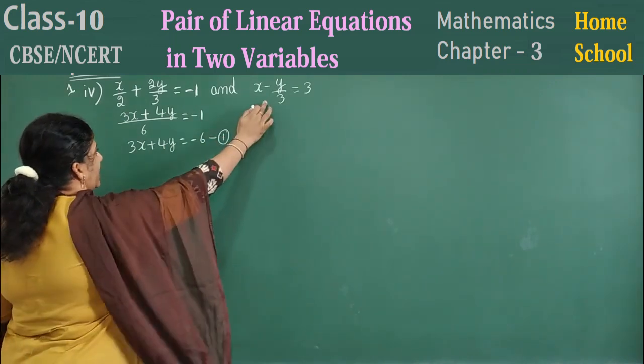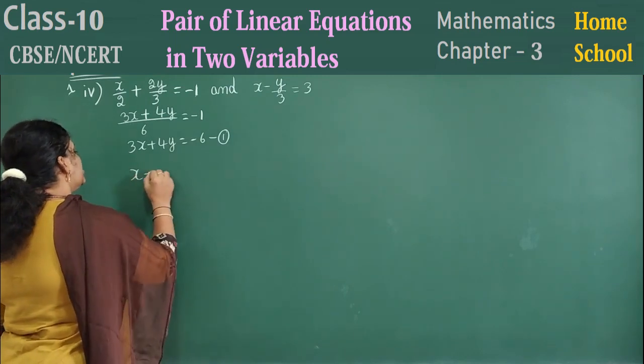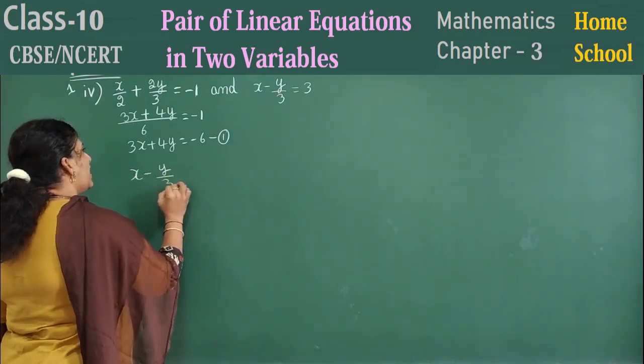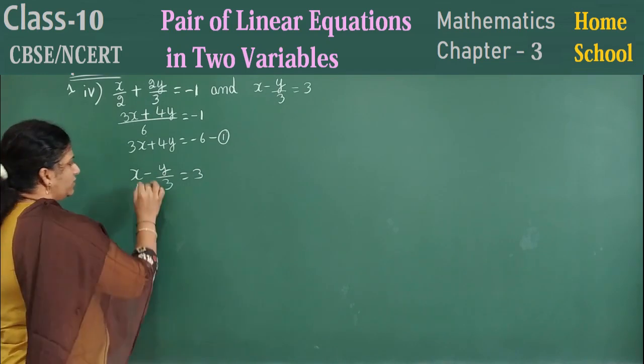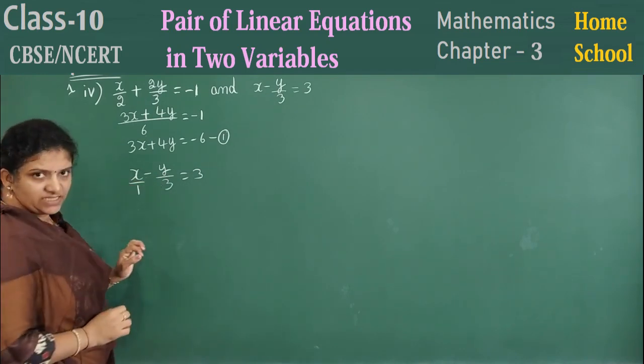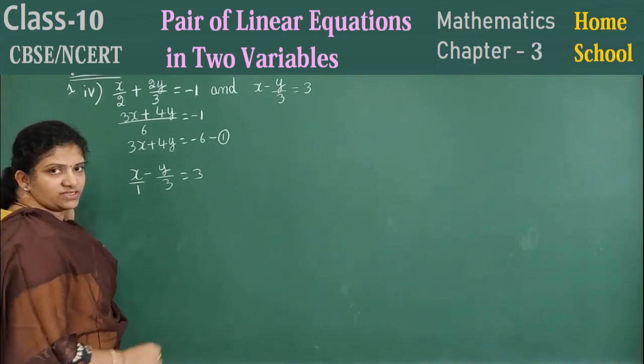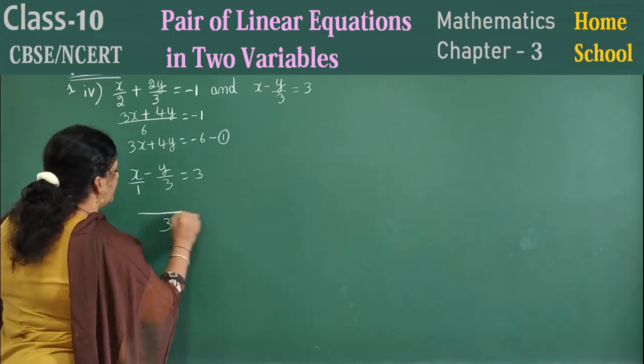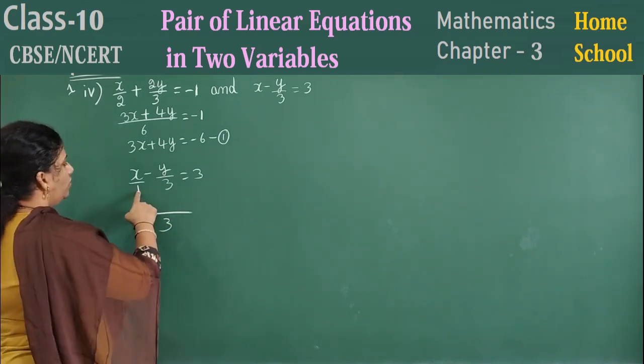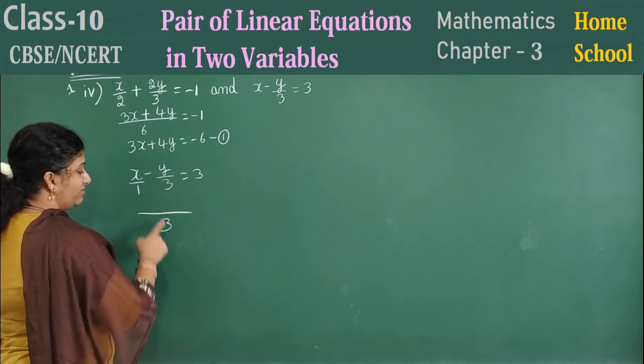Okay, so next one. What is your next equation? x - y/3 = 3. First, do the LCM of 1 and 3. What is the LCM? 3 is the LCM, right? So, 1 table where you get 3, 1 3s, right?